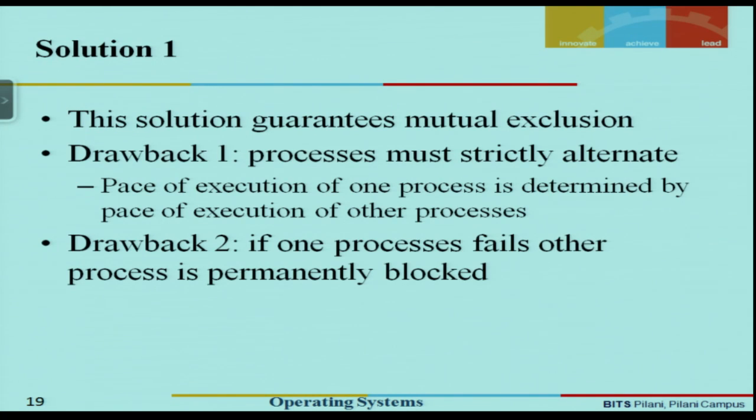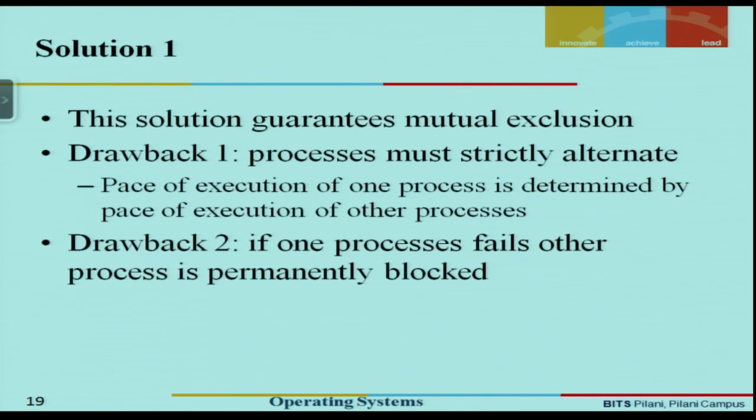The pace of execution of one process gets determined by the execution of the other process, and we can very clearly see that in this case a strict alternation would occur, that is, process 0 would execute, then process 1, then process 0, then process 1, and so on. So that is one problem.